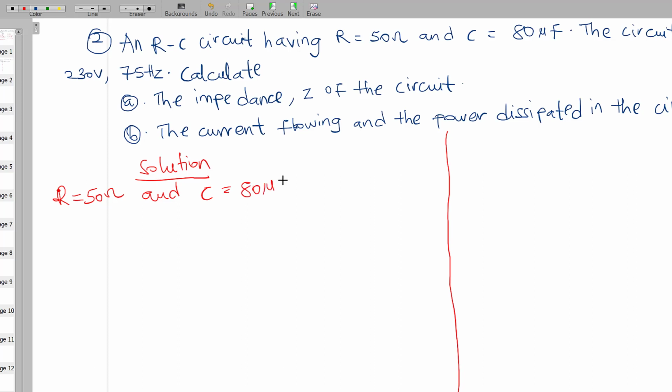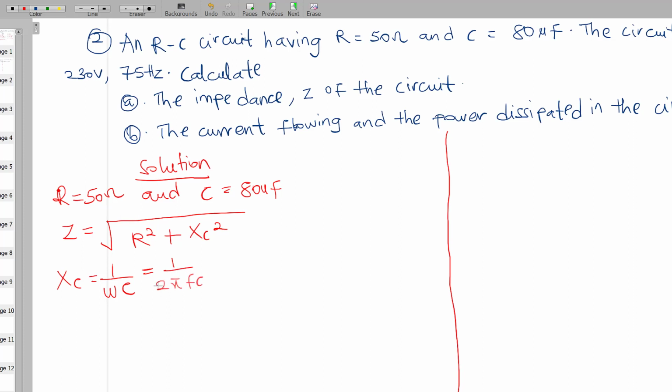Right, so if you have a resistor that is 50 ohms and a capacitance C, which is 80 microfarads, then your impedance Z is, but here we're just given the value of the capacitance, so we can find XC. We know that XC is equal to 1 out of omega times C, where omega is equal to 2 pi f.